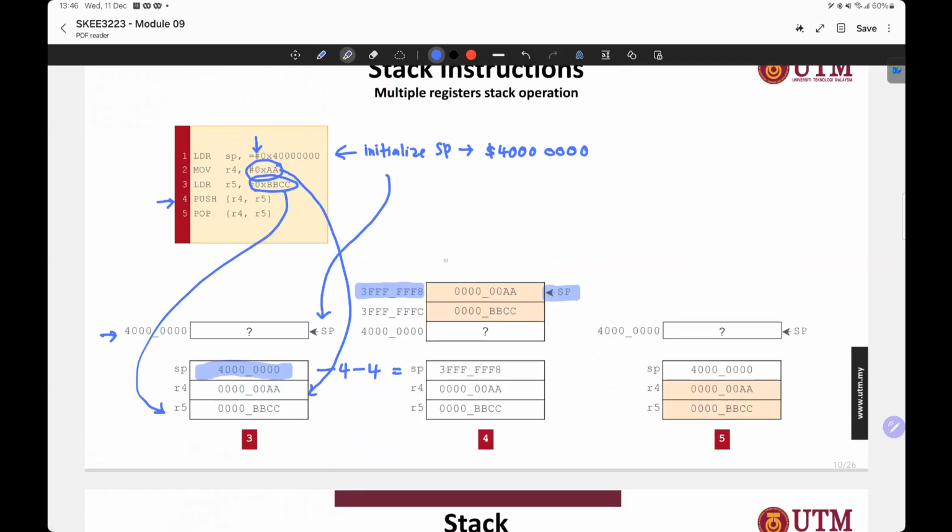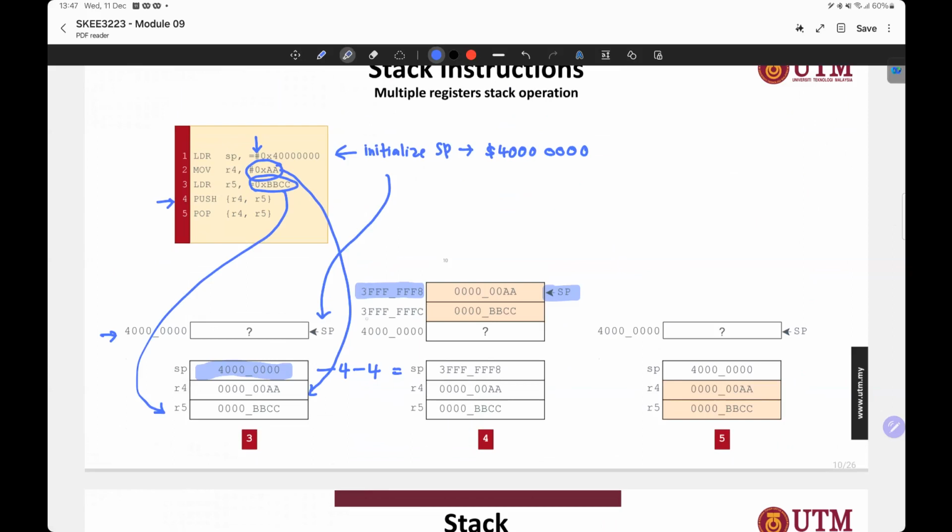After you decrement, what happened to your stack memory? The data from registers R4 and R5 will be stored inside the stack memory. As I mentioned earlier, which address will have the value from R4 and which from R5?